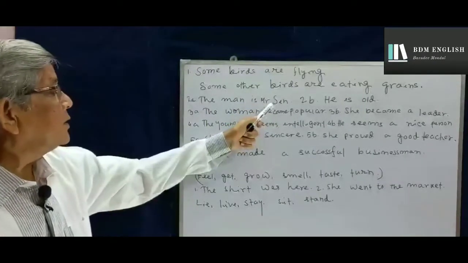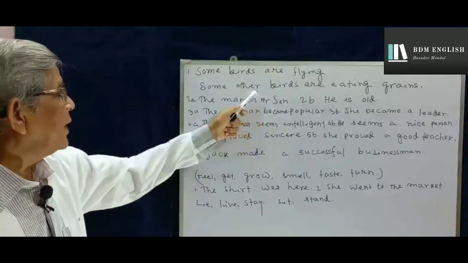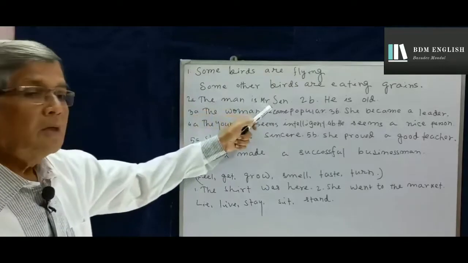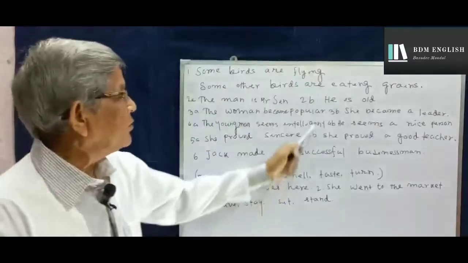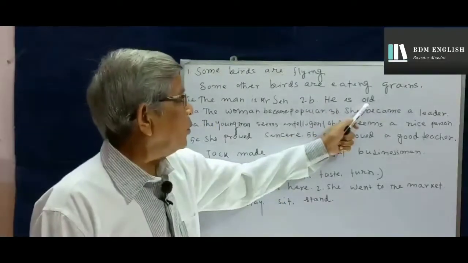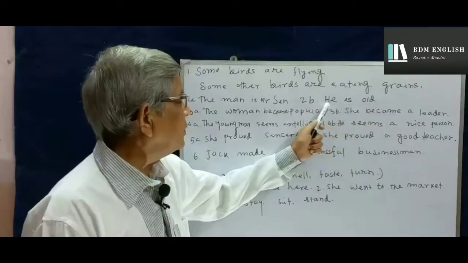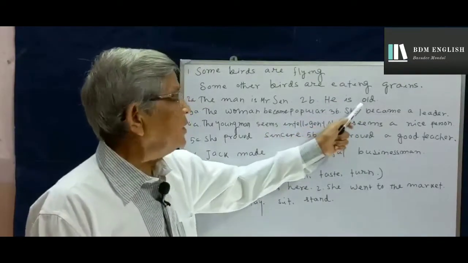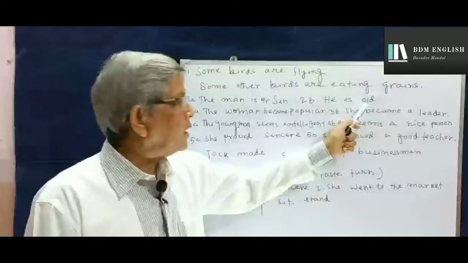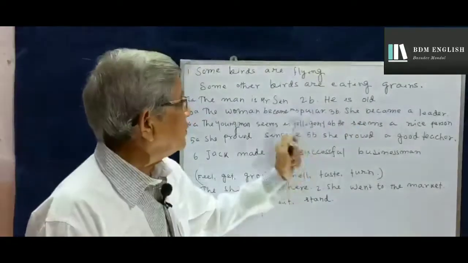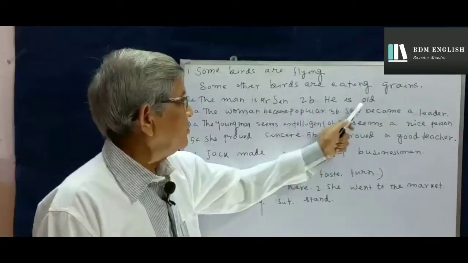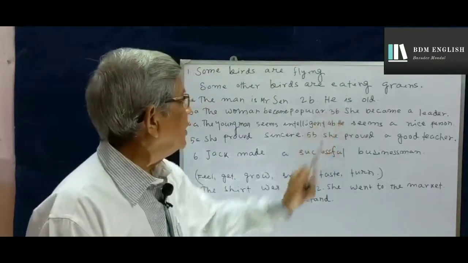The complement here is a noun, and as it refers back to the subject, it is called subject complement. In this sentence, the adjective old describes the pronoun he or Mr. Sen. So it is also a subject complement. For these reasons, these verbs are called linking verbs.